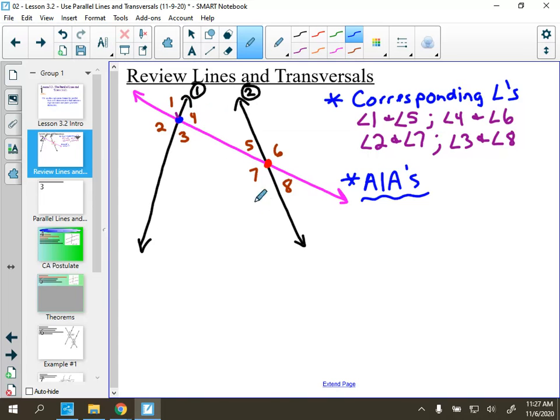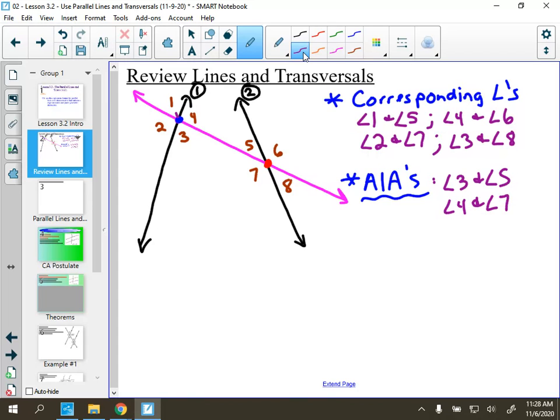So 3, 4, 5, and 7 would be my interior angles. Alternate interiors are on different sides of the transversal. So we're talking angles 3 and 5, and then 4 and 7. Why not 3 and 4? Those are already called a linear pair, so we're not going to rename them. So angle 3 and angle 5, and angle 4 and 7.